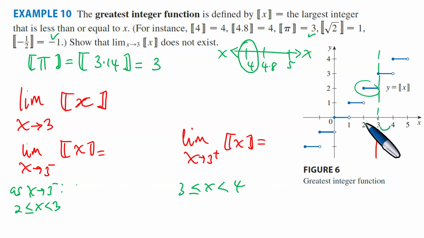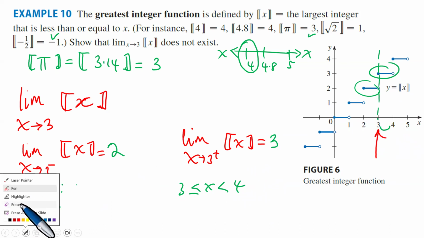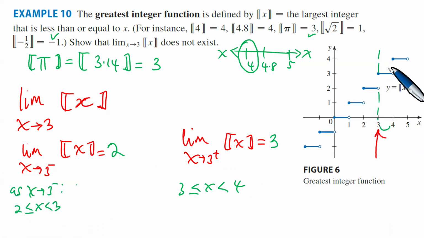So when x is less than 3, the function is 2. When x is bigger than 3, the function is 3. When x is smaller, the function is 2. This realization is very, very crucial.